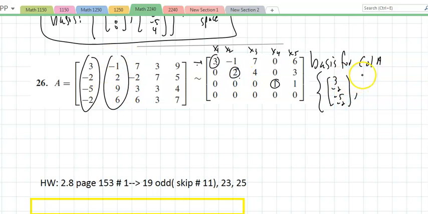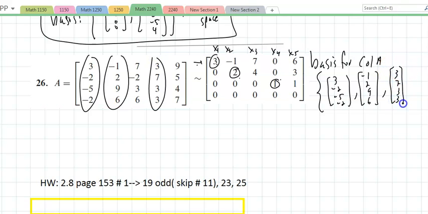Second, negative 1, 2, 9, and 6. And 3, 7, 3, and 3. Something we're not making connections to yet, and we don't have to. And figure out the basis for the null space.